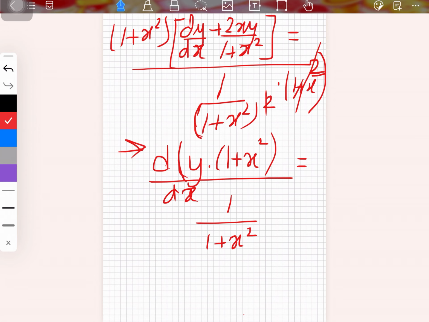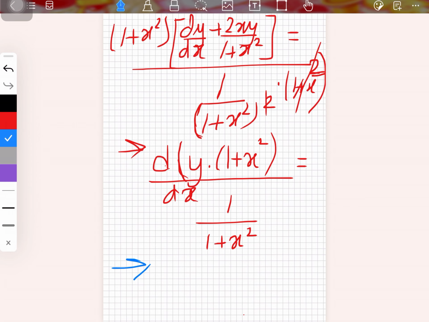After that what we have is this. So now we can send the dx to the other side and then integrate both the sides. And I think you know that whenever integration and derivative come together, they nullify the effect, so it just gets cancelled out. I've talked about that in my previous video, which I highly recommend you to watch.